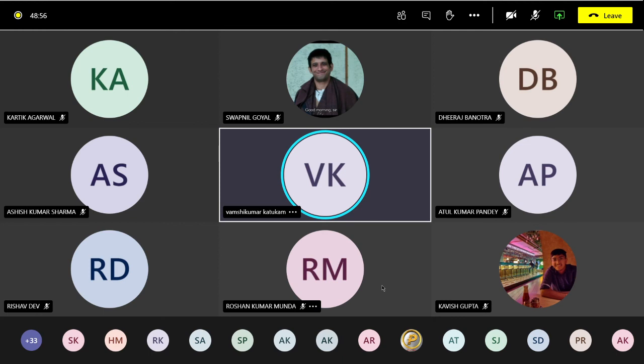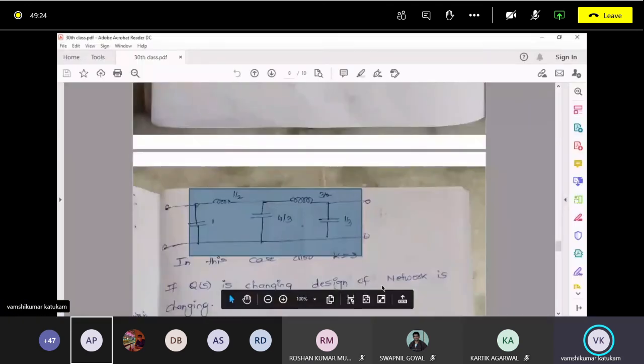I hope you are getting my voice. So I was saying this, right? Here, if you change Q(S), the design of the network is changing. Just a minute, let me share the file.